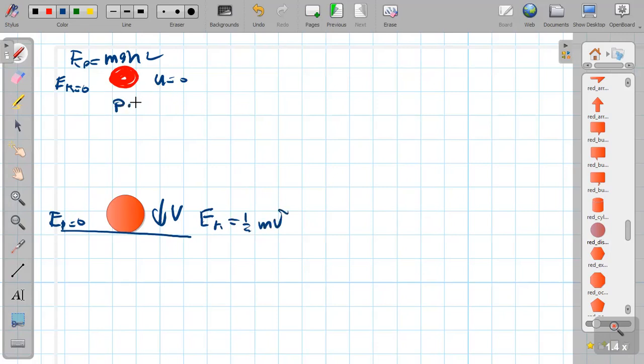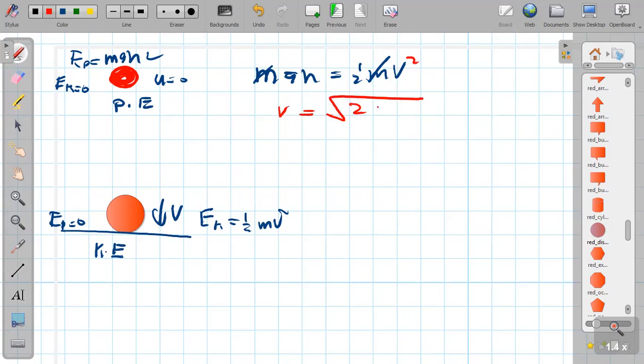The total potential energy converted to kinetic energy. So technically we can write mgh equals half mv squared. The m's cancel off. v is going to be the square root of 2gh. Got it?